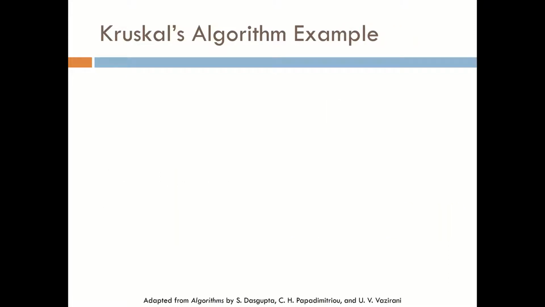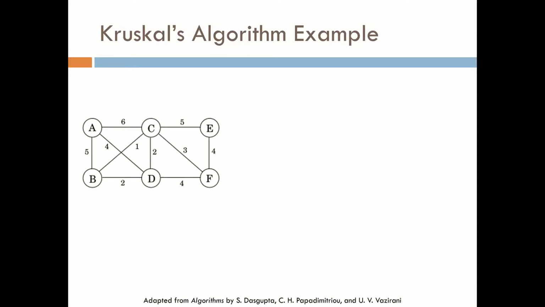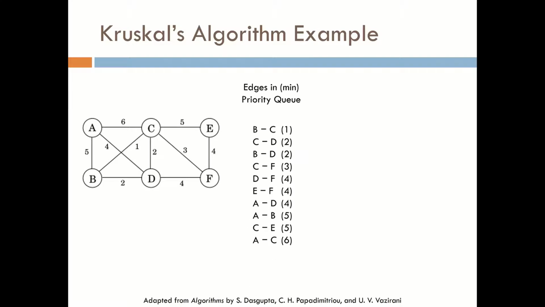Let's take a look then at an example. We will use the same graph that we used for Prim's algorithm, but we will see that this is a very different algorithm. So let's set up our priority queue. We place all these edges into a priority queue, and we get one like the one on the right.